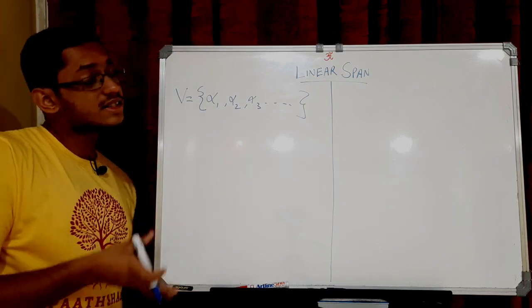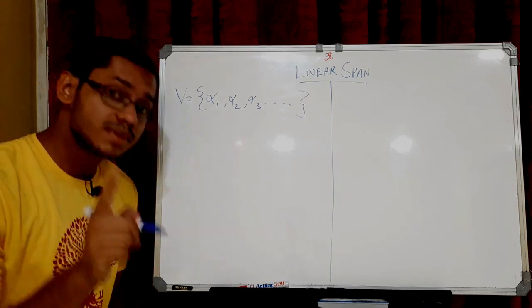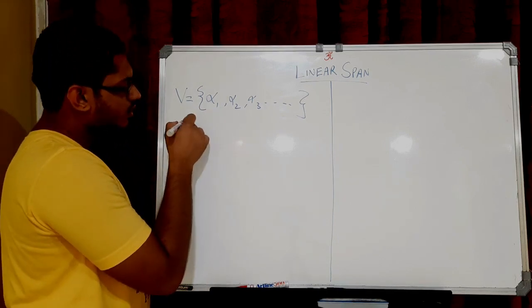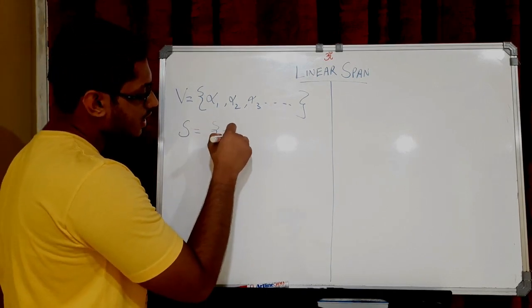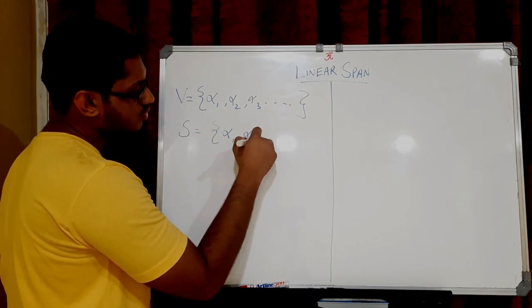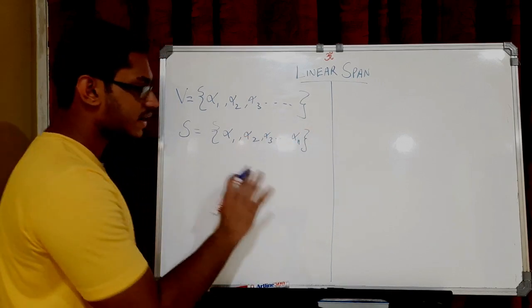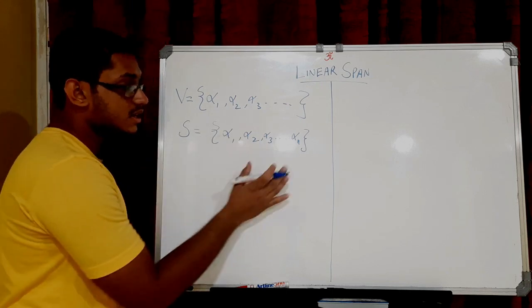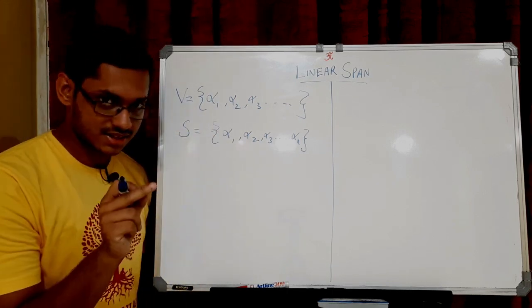Now consider a subset, not a subspace, a subset of V, which we will name as S. It has alpha 1, alpha 2, alpha 3 till alpha n. I am not saying it is a subspace, it is a subset.